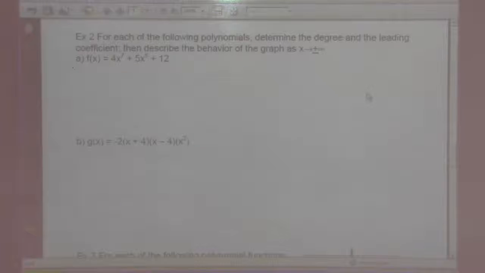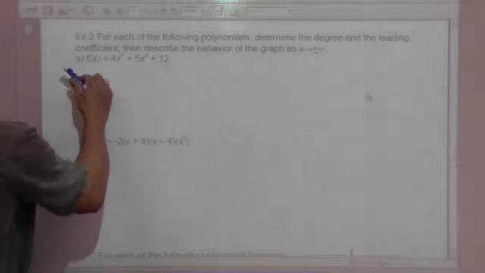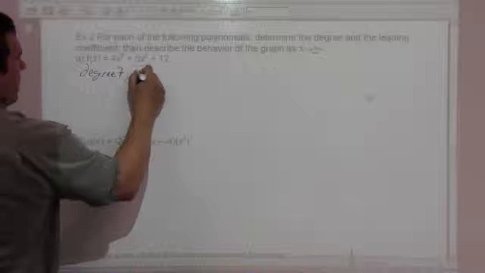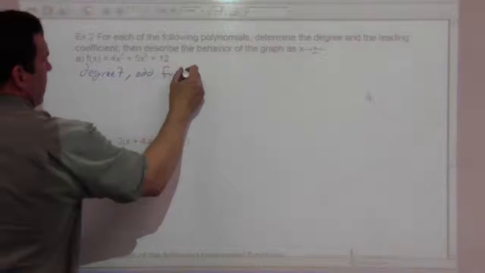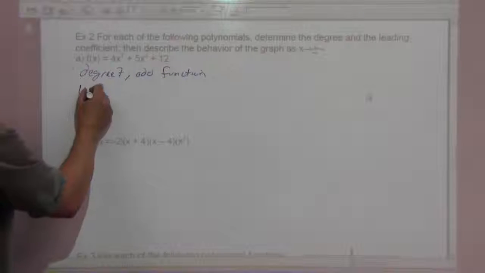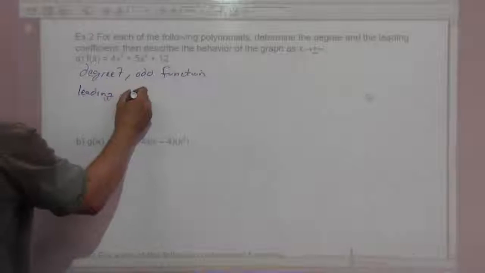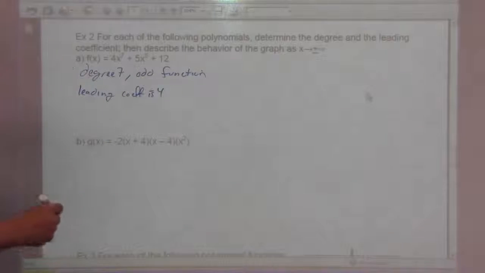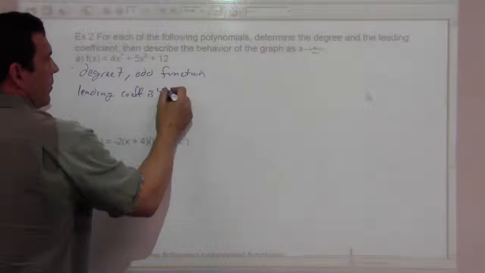For each of the following polynomials, determine the degree and the leading coefficient and describe the behavior as the graph goes to positive or negative infinity. So here, this is degree 7, and this is an odd function. Now, leading coefficient is 4, which is positive.